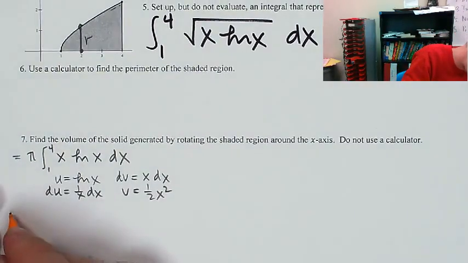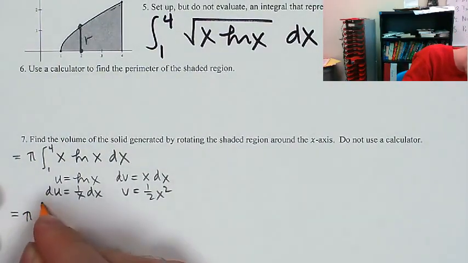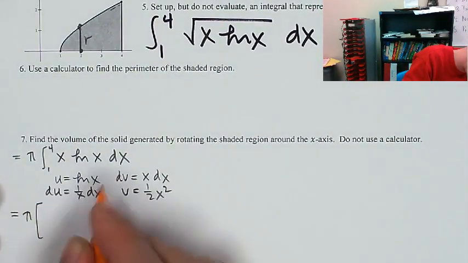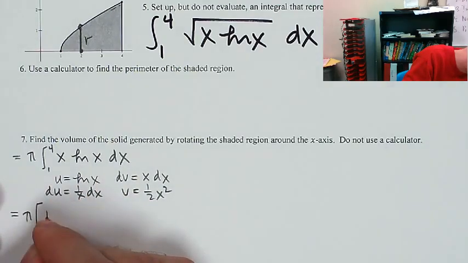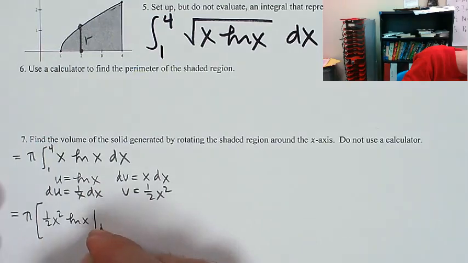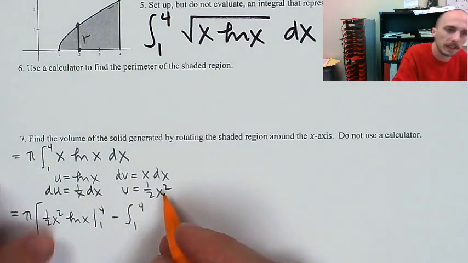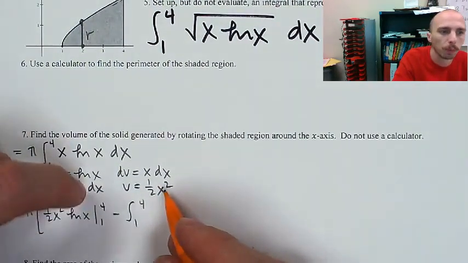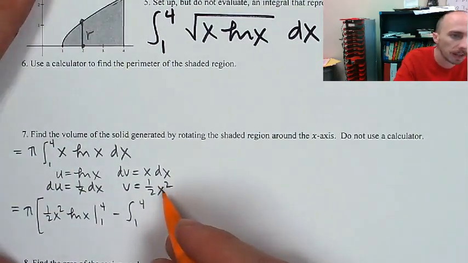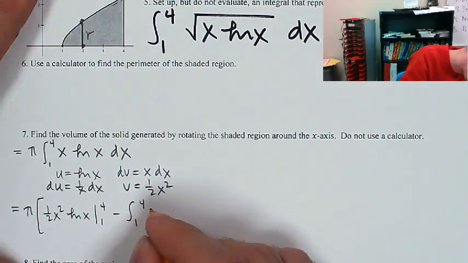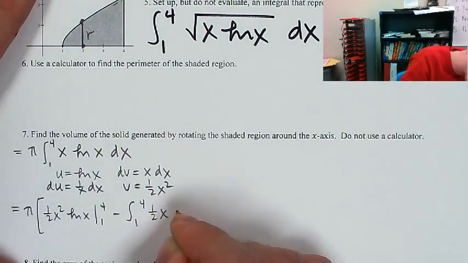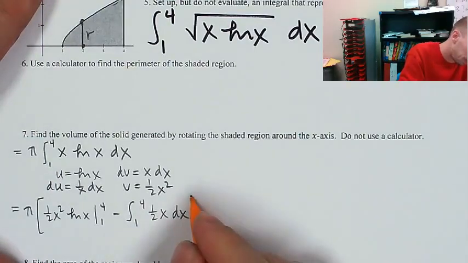Okay, so this is becoming pi times uv, 1/2 x squared log x, x running from 1 to 4, minus the integral from 1 to 4 of v du. Okay, v du, when I divide the x squared by the x, I'll have 1 power of x, so I'll have 1/2 x dx.